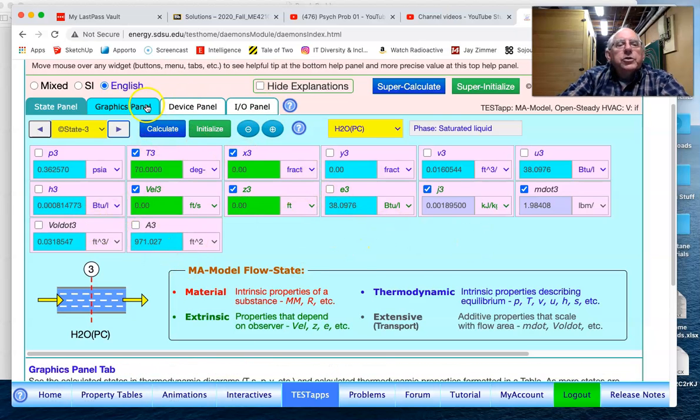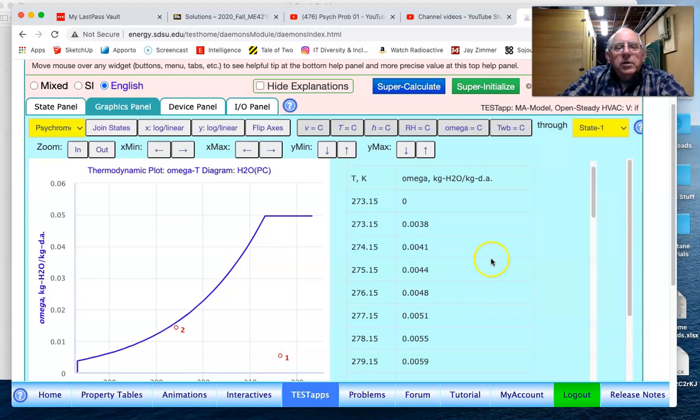Again, if we go to the graphics panel, we see that these are our two state points. This was our incoming, with lower temperature and higher humidity. We allowed ourselves to have a higher humidity by allowing the liquid water to go in and evaporate.